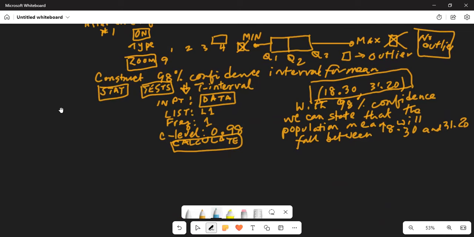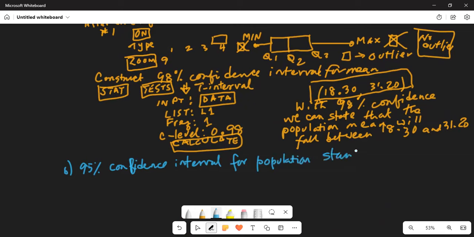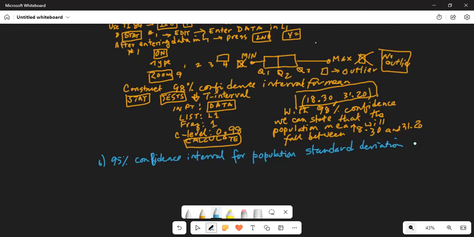So what do they mean by if it is appropriate? Part B, 95% confidence interval for population standard deviation. Let me move a little bit further up.